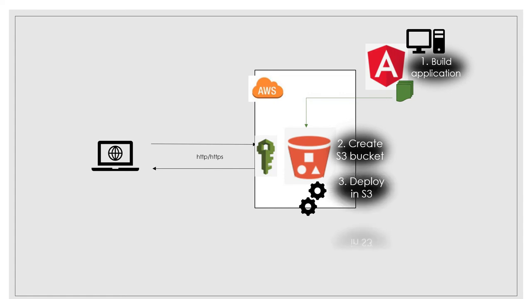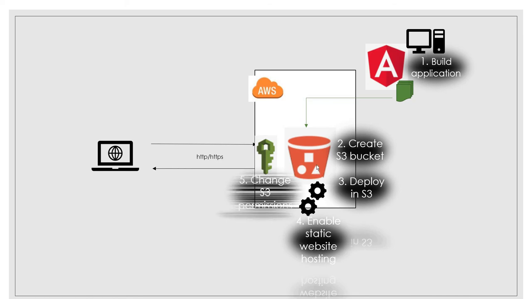Then we deploy this static content to the S3 bucket. The next one is to enable the S3 bucket for static website hosting, and the last one is to change the permissions for this S3 bucket so that external users are able to access this website.